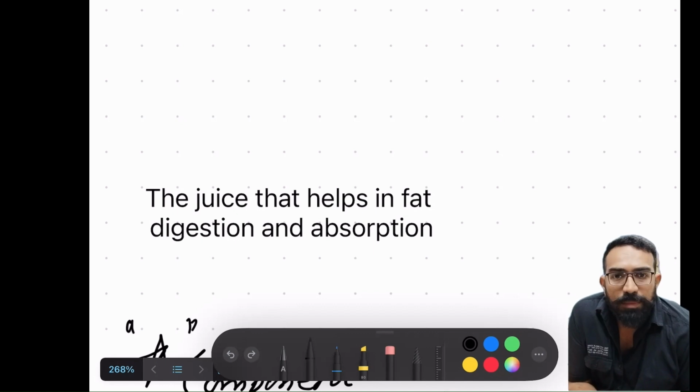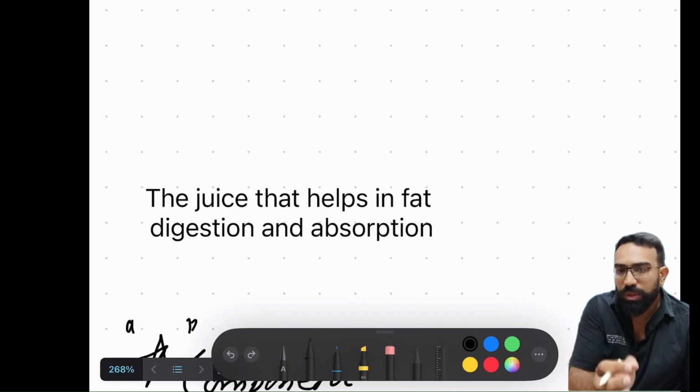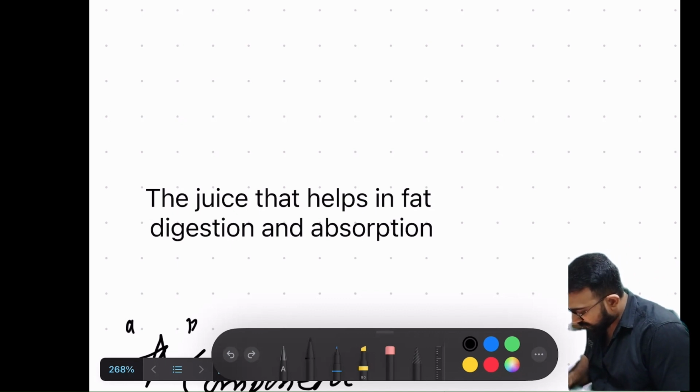Now the next question might be, what are the components of this bile? What exactly is this juice that is helping in the digestion and absorption of fat? One component that I'll be telling you right now, which is an important component, is bilirubin.